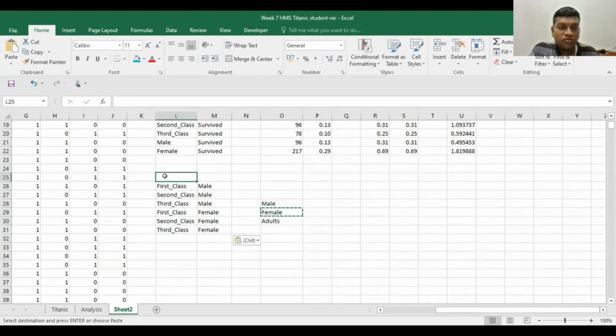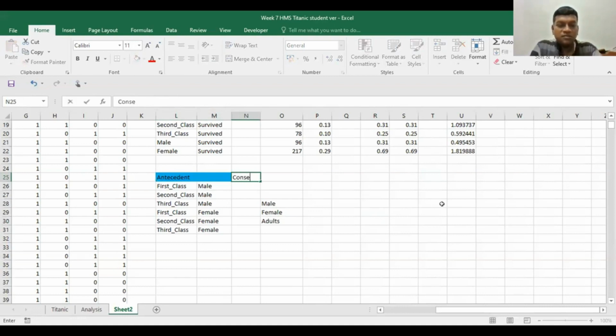So this is now going to be a revised antecedent, and the consequent is survived.